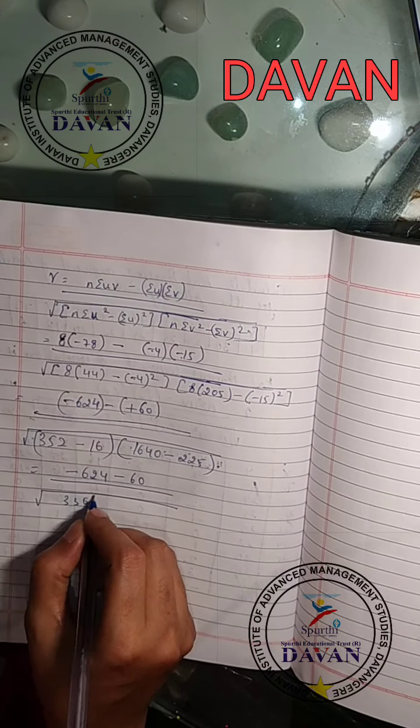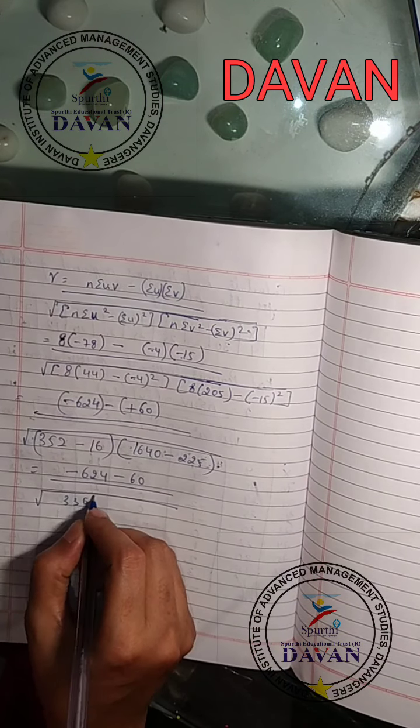It is 300, 350, 400, 450, 500, 550, 600, 650, 700, plus 800, 900, 1000, 1100, 1200, 1300, 1400, 1500, 1600.